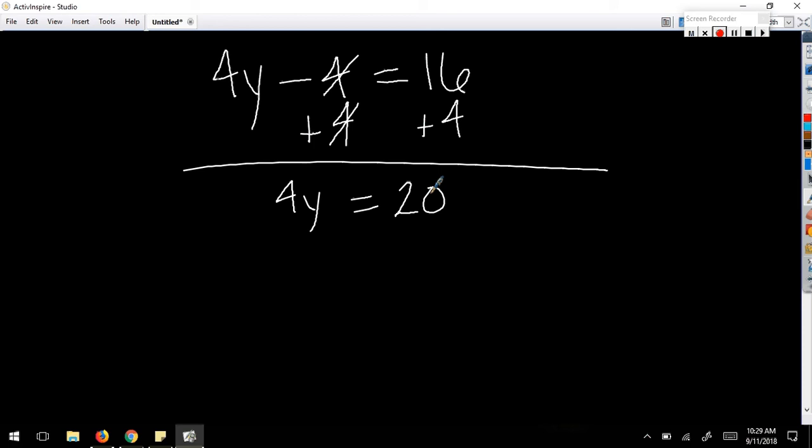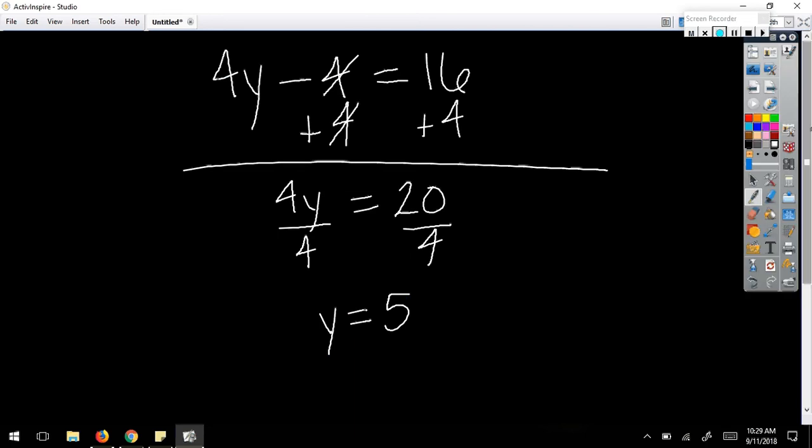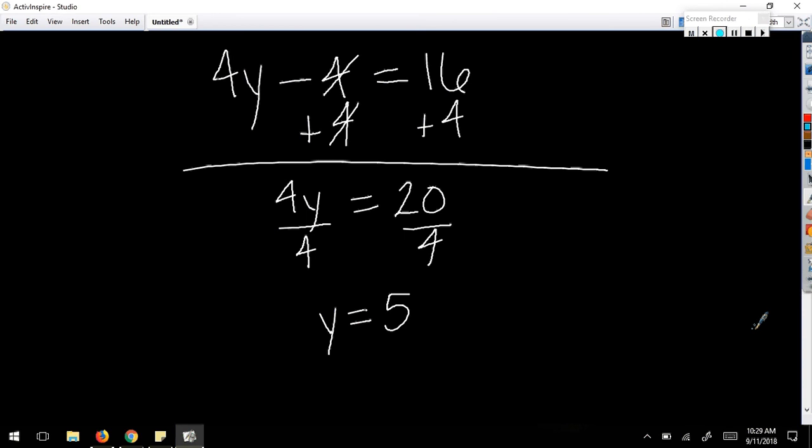Now I move to the multiplication and division, which means I divide by the 4, and I have y equals 5. Let's check it and make sure we have the right answer. We don't want to lose points on our test, right? 4 times 5 minus 4 equals 16.